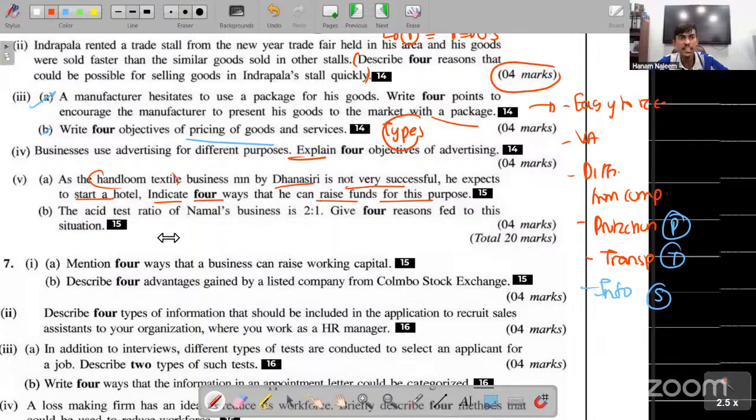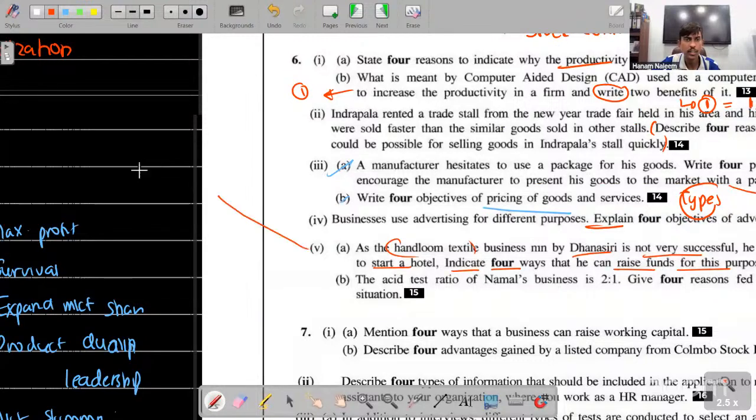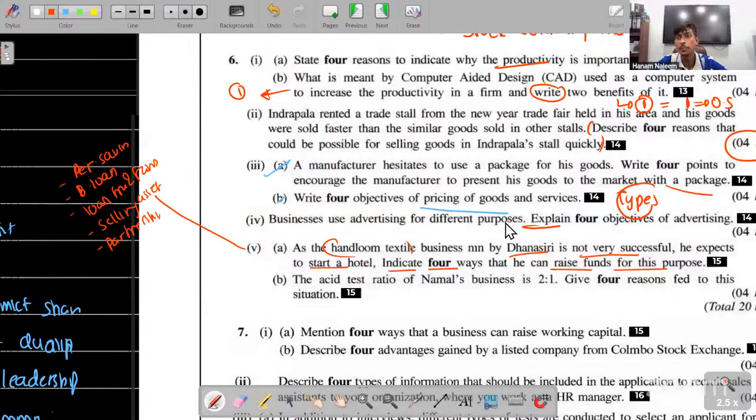So the ways he can get money, you can say, maybe he can use his personal savings, or he can get a bank loan, or a loan from his friends and family, or maybe he can sell the assets of the previous business because he's going to close that business and start new. Or maybe he can start a partnership and get a new partner. So these are the ways he can get money for his new business.